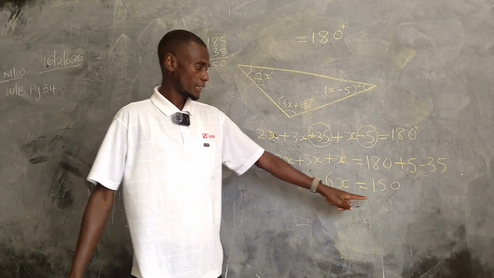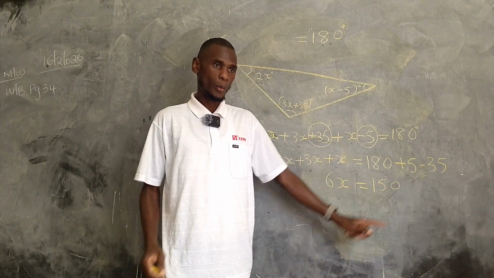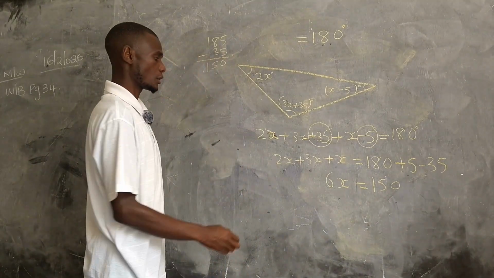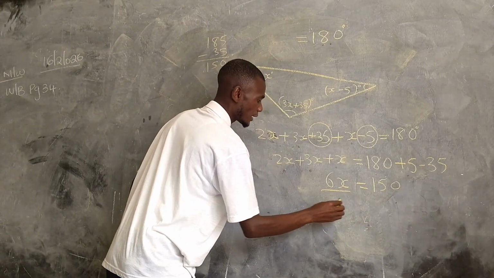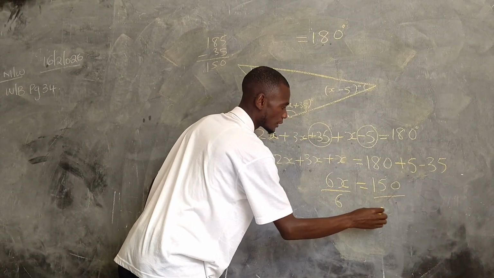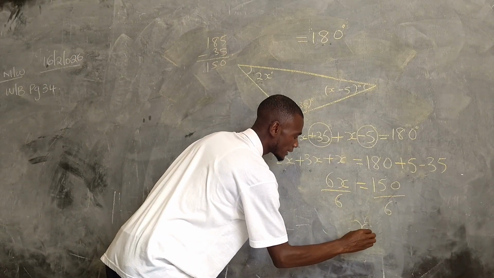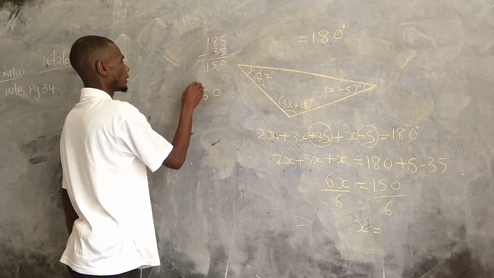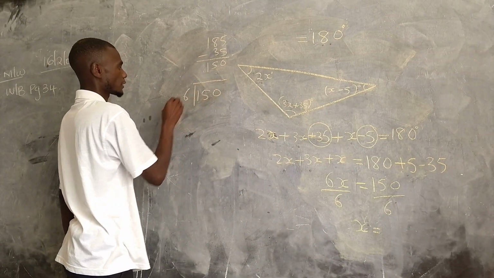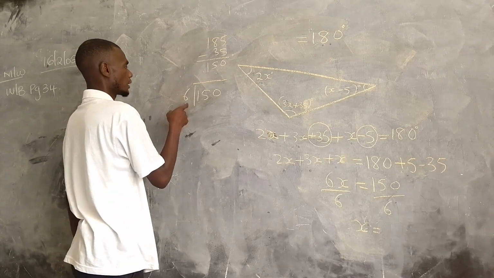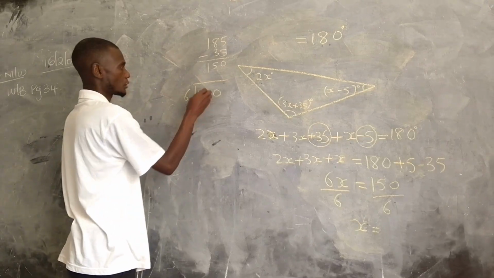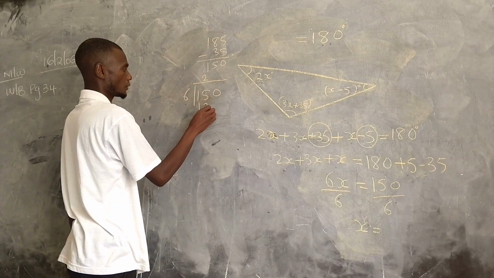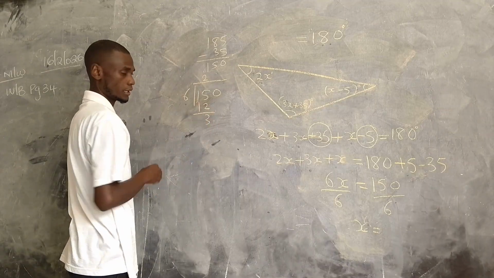6x is 150. 1x is what? For us to get 1x, we divide this by the value of that x, that is 6. So if we divide 150 by 6, 6 goes into 15 two times, which is 12, remainder 3.